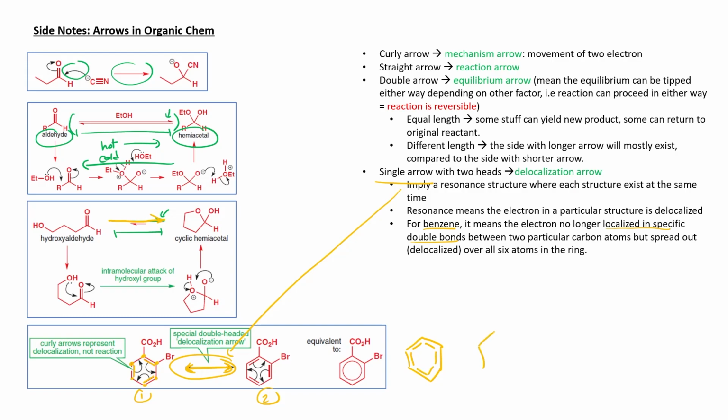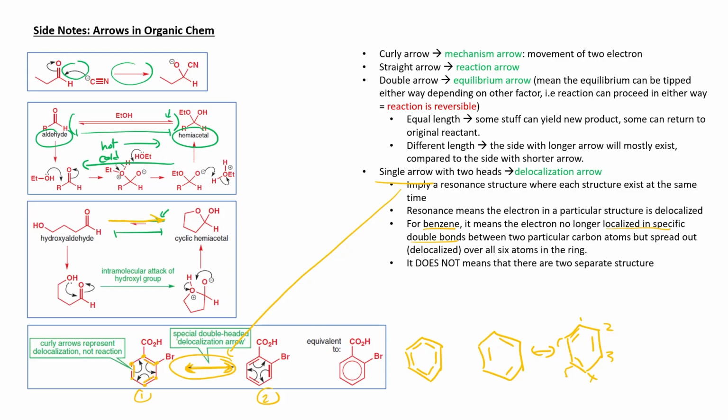That's why we draw it like this, just to imply that the electrons are delocalized, smeared around all the 6 carbons. This is normally true for benzene.